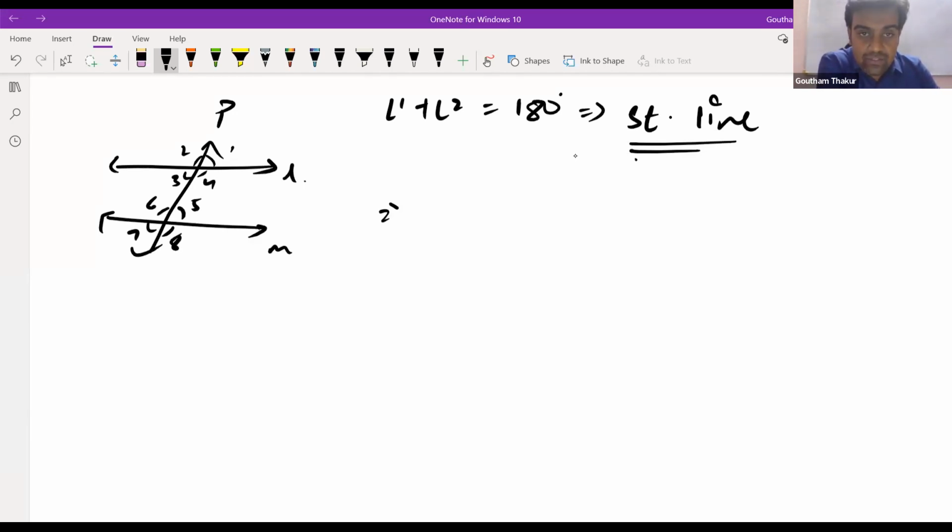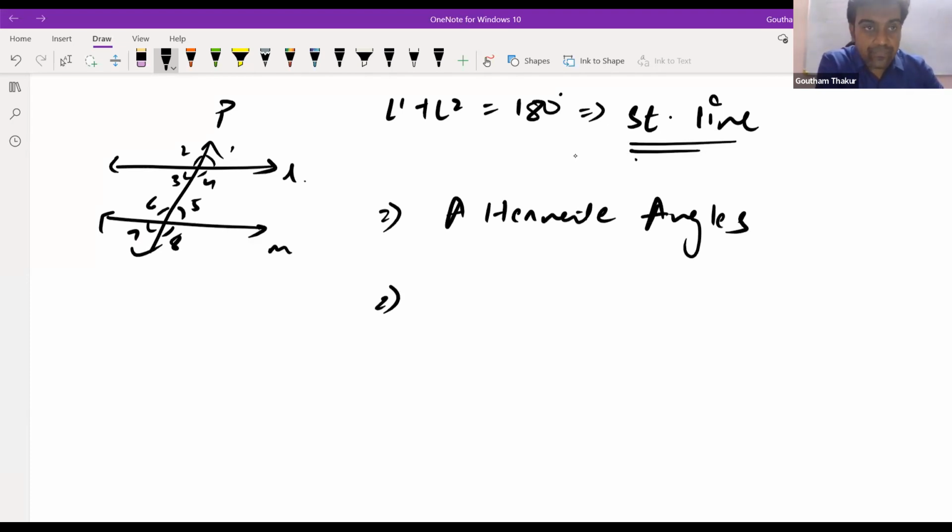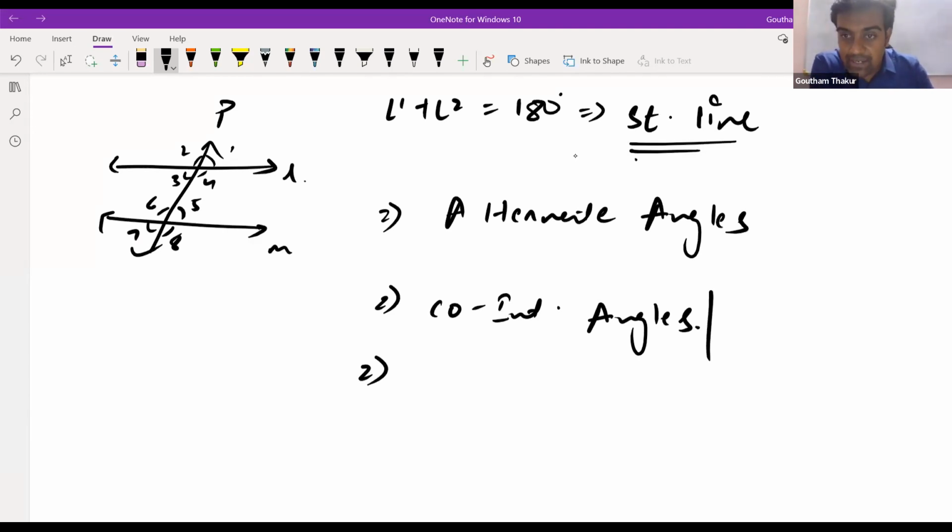The types of angles we'll be learning are alternate angles, co-interior angles, which are nothing but the supplementary ones, and corresponding angles.